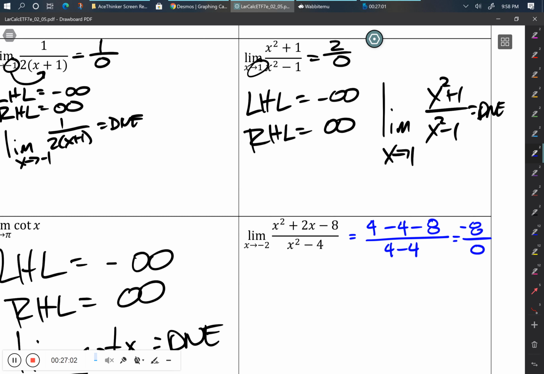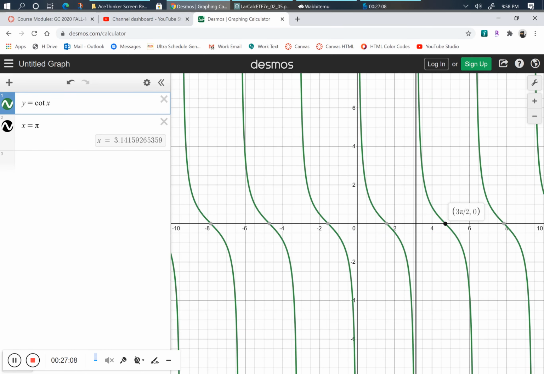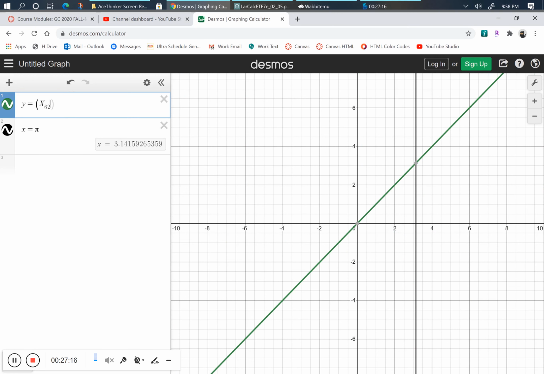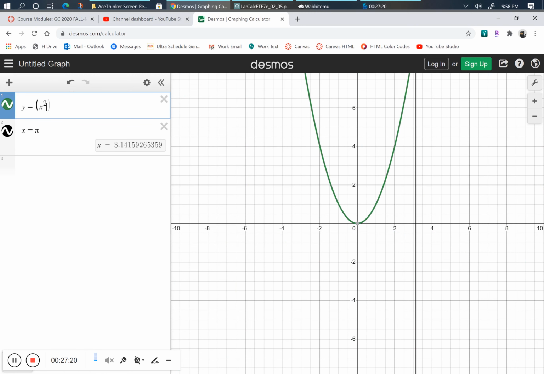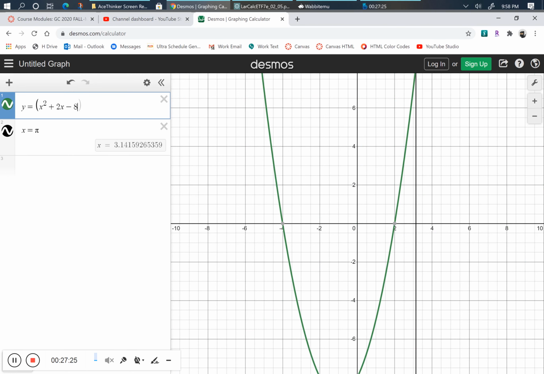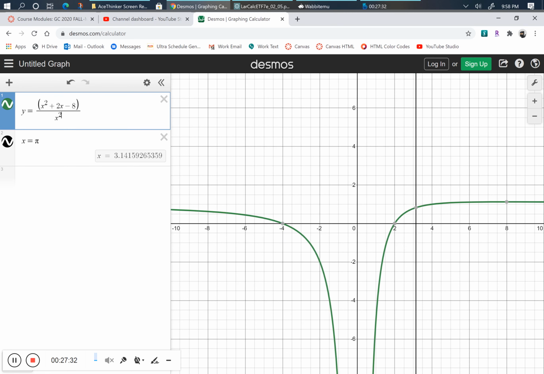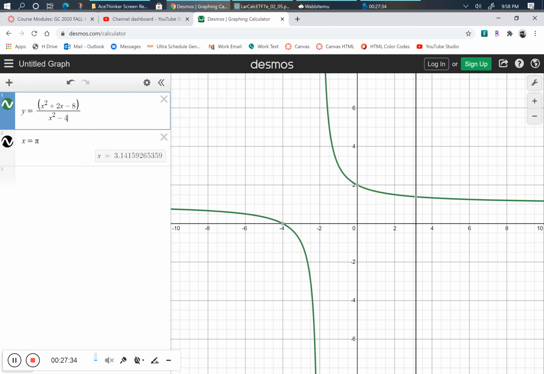Vertical asymptote. I have no idea what it looks like, so I'm going to take a look at the graph. x raised to the second plus 2x minus 8 divided by x squared minus 4.